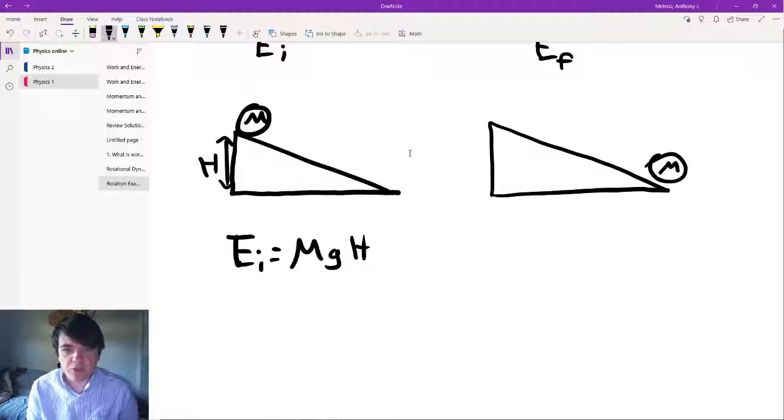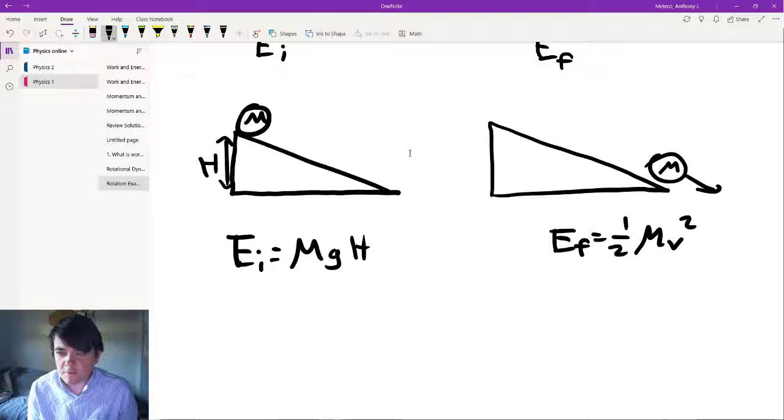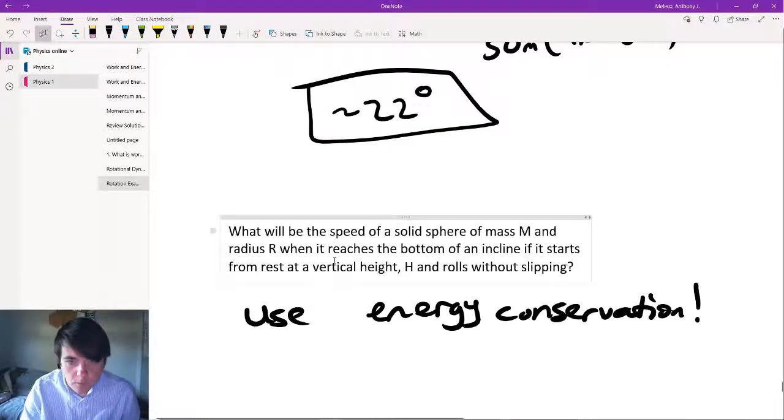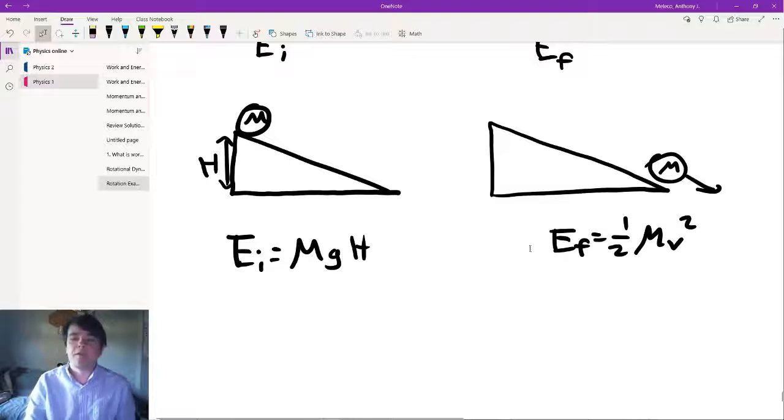So you've got big M, g, big H. And energy final would just be moving, so it would be 1/2 m v squared. You'd have some linear motion, and we'd be trying to solve for that. So at the end, it would have kinetic energy. At the beginning, it would have potential energy.